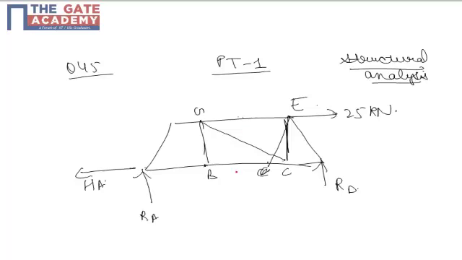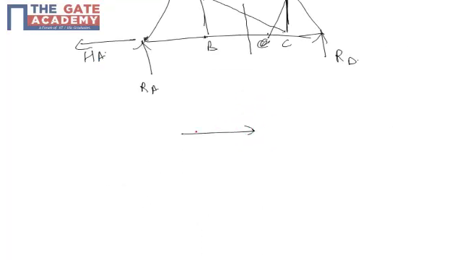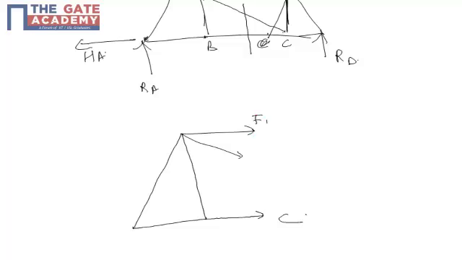Now the easiest way is method of sections. You may also go by taking individual joints and calculating force in GE starting from point A. But if I take a section like this, now I have structure like this, this is going to point C, this is FGE, here FGC, and reaction at A. Reaction at A can be calculated from this figure, since we know all other loads that 100 kilonewton is acting here.